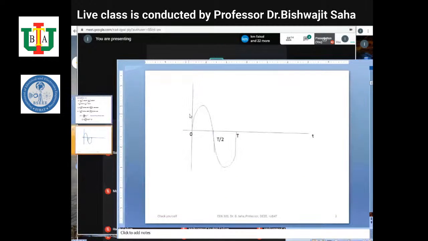Then the signal is going to start from the left side.